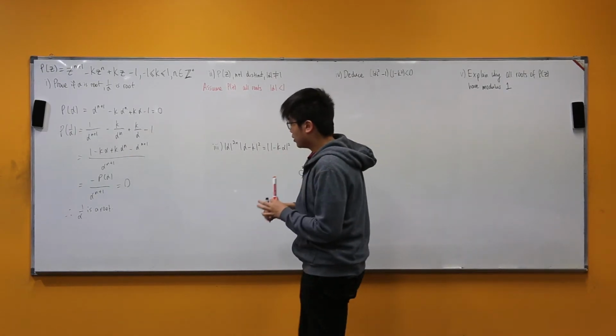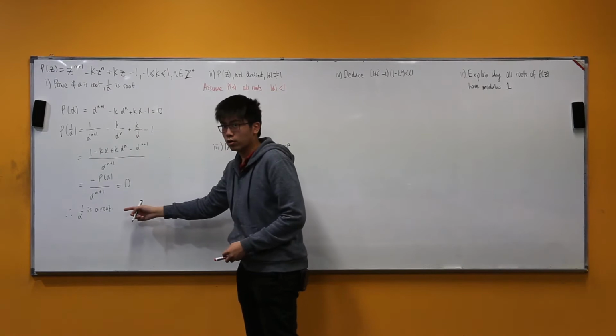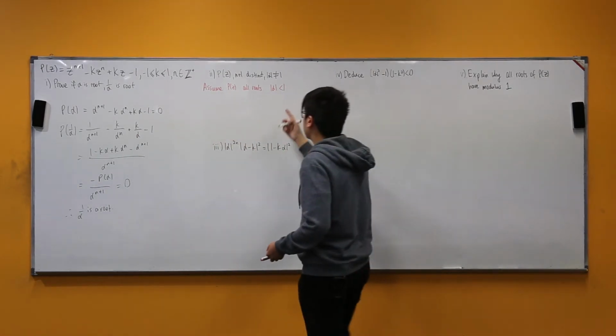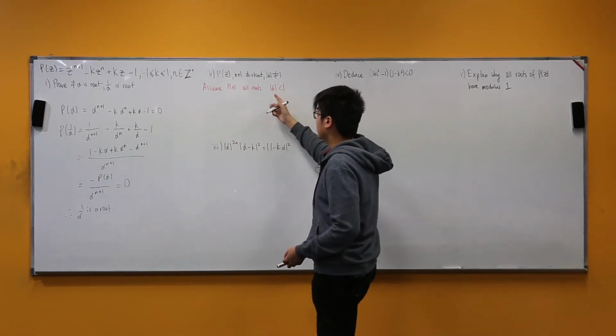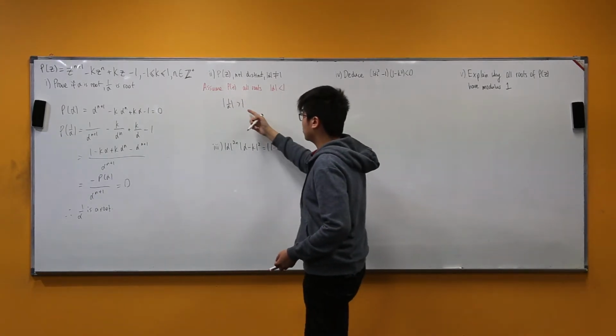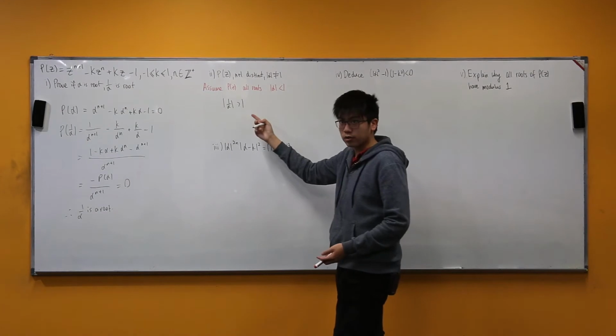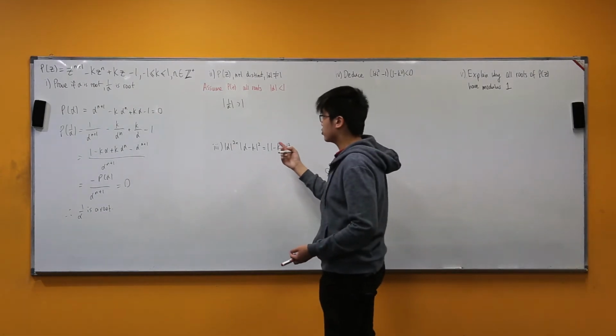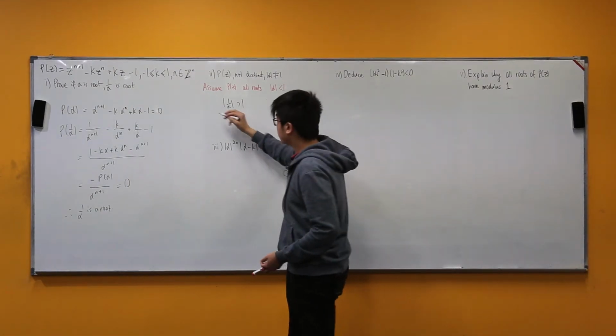But given the last part, because alpha is a root, 1/alpha is also a root. So it comes logically that if you take the reciprocal, 1/alpha must be greater than 1. And that already gives you a contradiction because 1/alpha is a root.